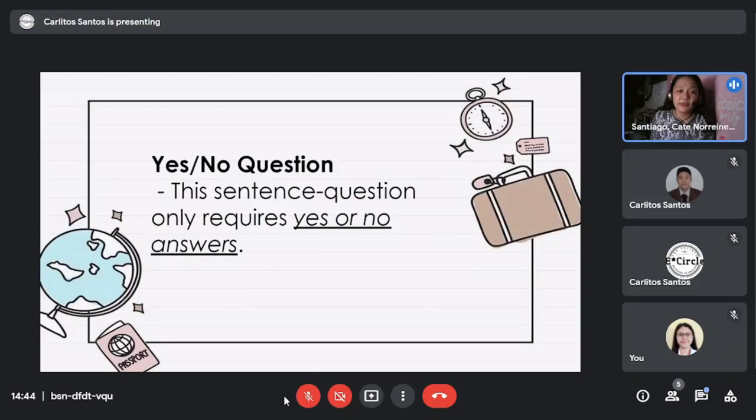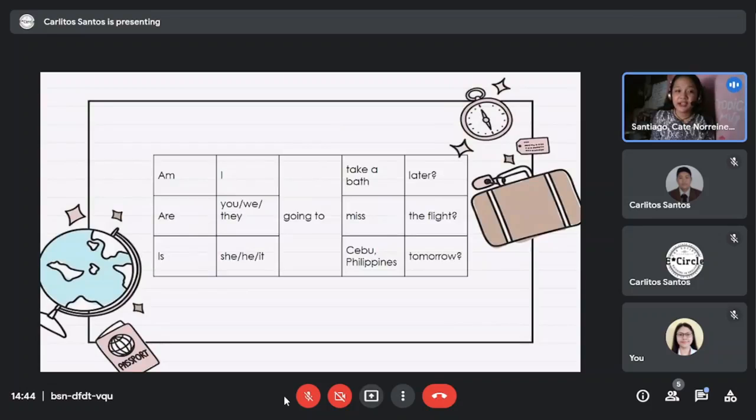For our next form, this question only requires yes or no answers. We have here a set of sentences. "Am I going to take a bath later?" Of course, yes, I am going to take a bath. Of course, no, if I'm not.